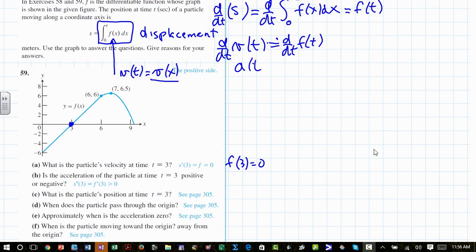That's going to give me acceleration. And what is the derivative of f of t? F prime of t. So when they ask what is the acceleration at time 3, it really translates to what is f prime at 3?